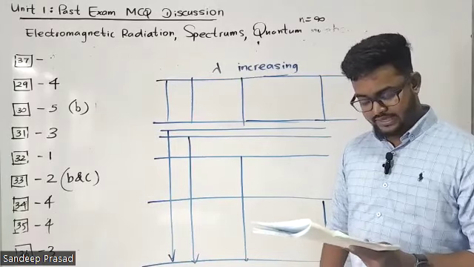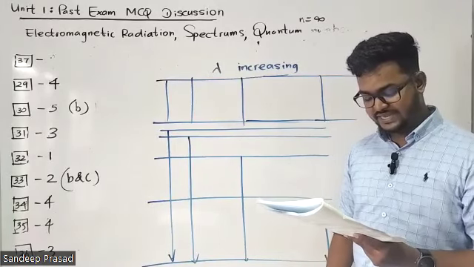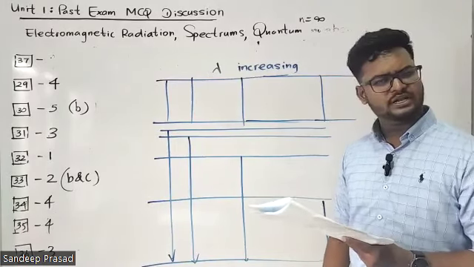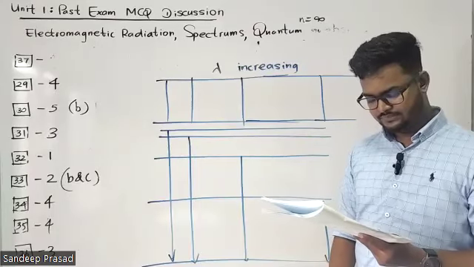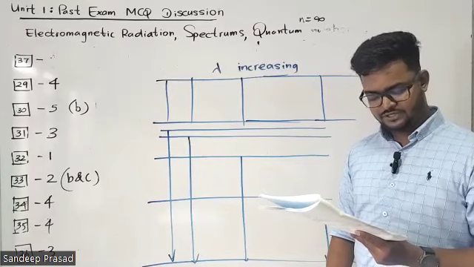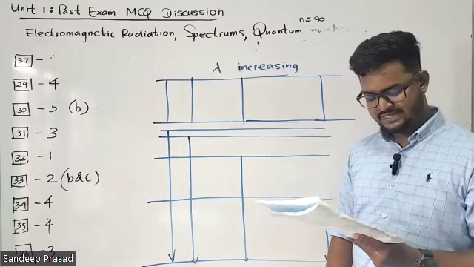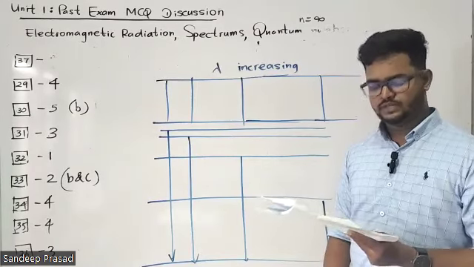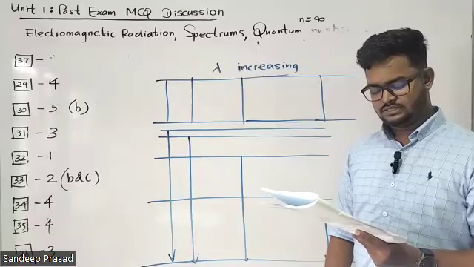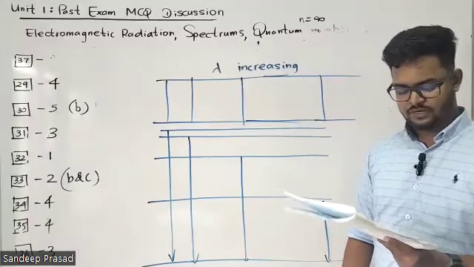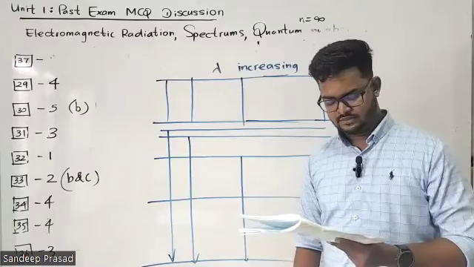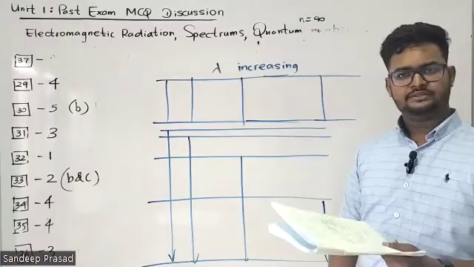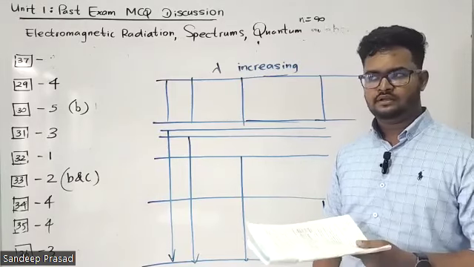Correct. They consist of particles whose mass is independent of the residual gas. What do you think? These are actually positive rays, no? Whose mass is independent of the residual gas. Is that independent or dependent?